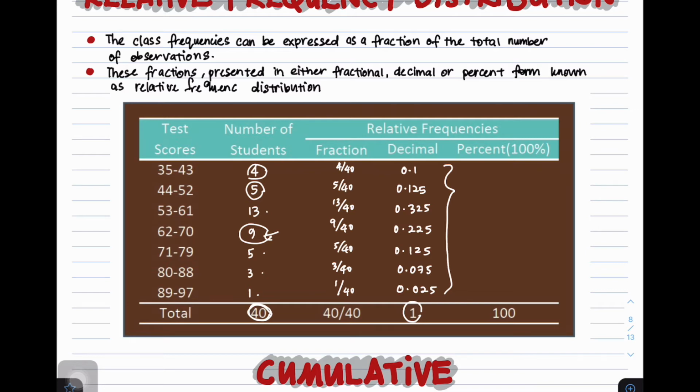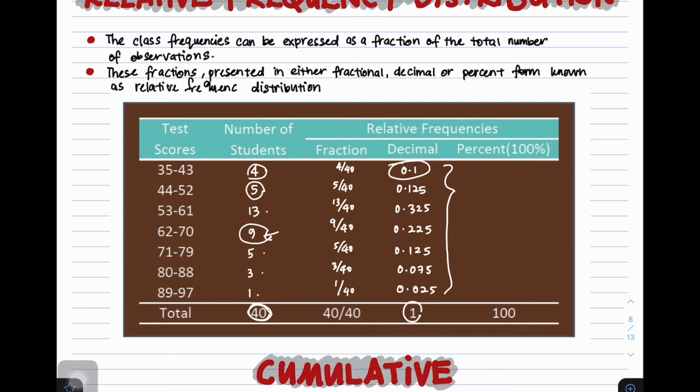The next one is to represent this in percent form. Percentage, peratus. How do we get the percentage form? We multiply by 100. Multiply your decimal by 100.